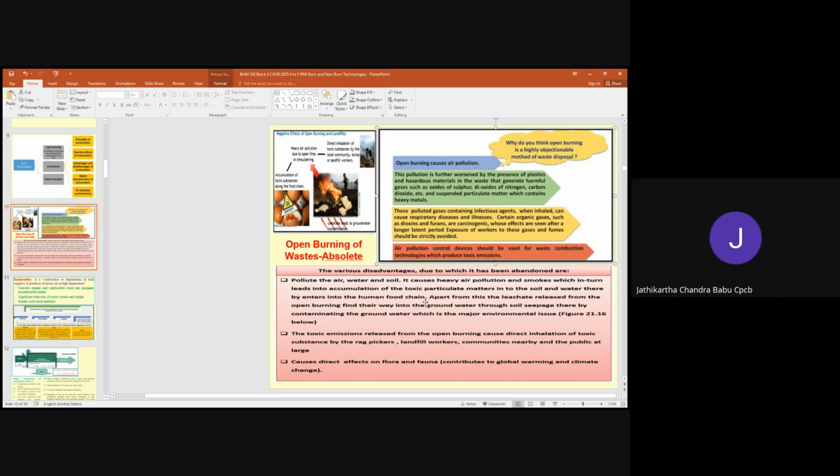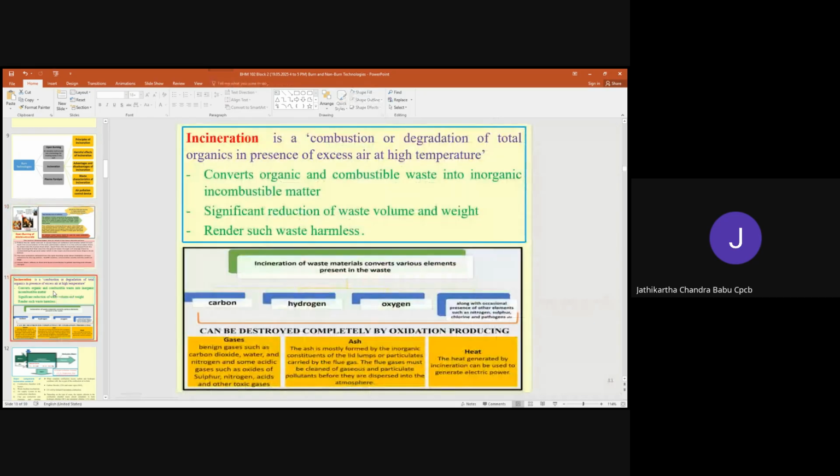If waste is burnt improperly, without controlled conditions, toxic emissions like dioxins and furans will be emitted because of the chlorinated compounds present in the waste. Therefore, open burning of waste is not at all permitted, is an obsolete method, and is not allowed because of its impact on the environment.